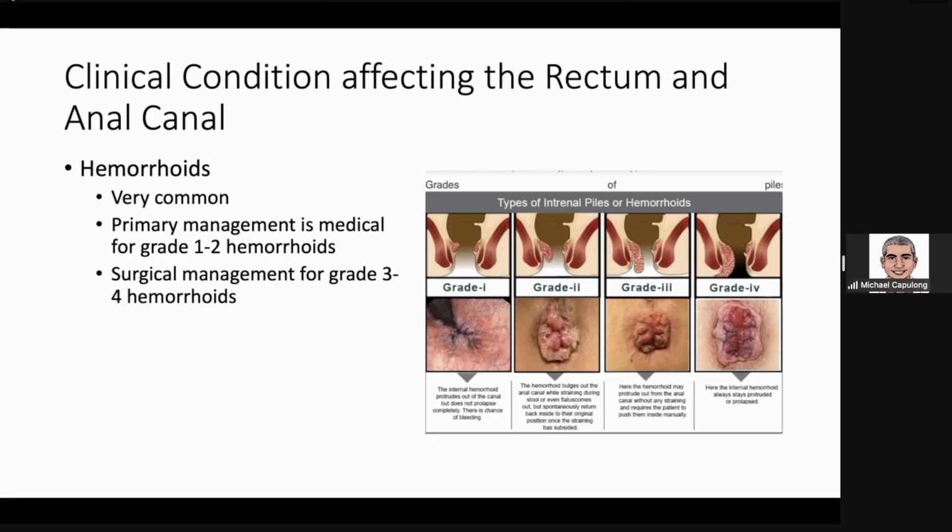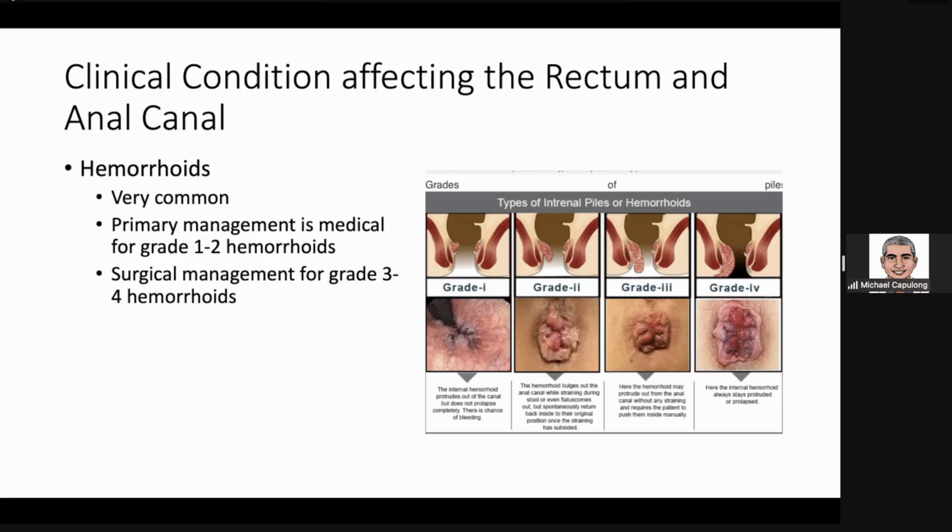Third degree hemorrhoids are hemorrhoids that remain outside of the anal canal unless manually replaced, meaning you have to push the mass so that it will go inside the anal canal. And lastly, fourth degree hemorrhoids are hemorrhoids that cannot be reduced or cannot be pushed back inside the anal opening.